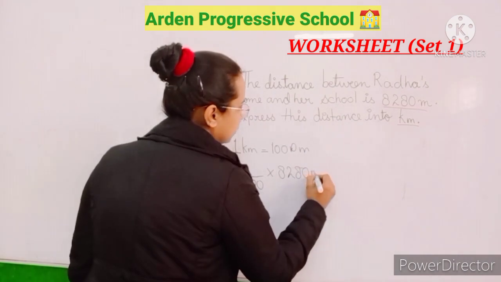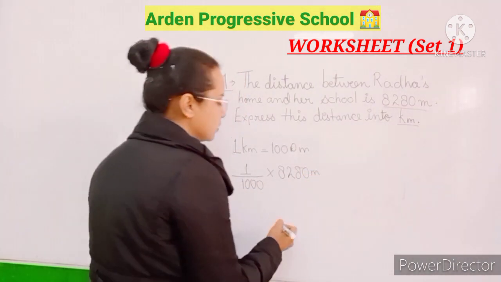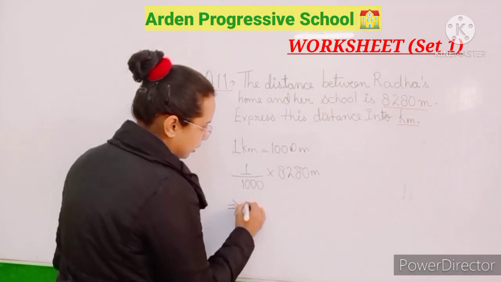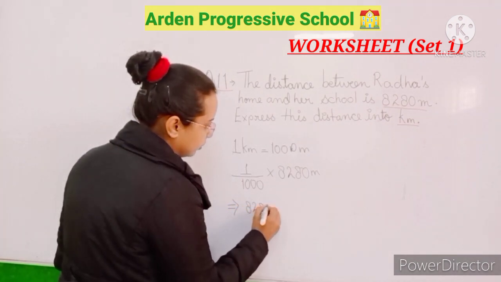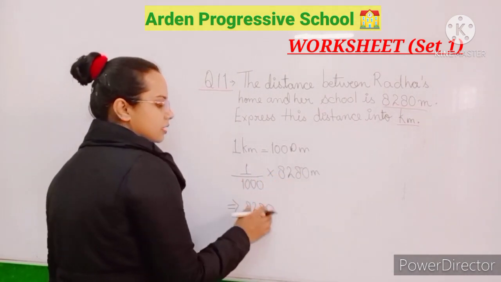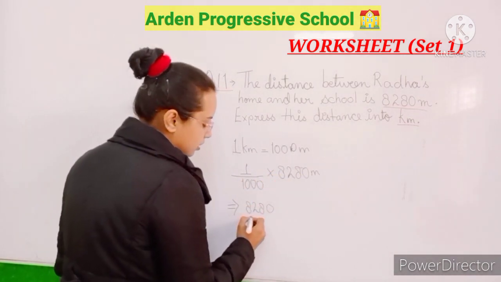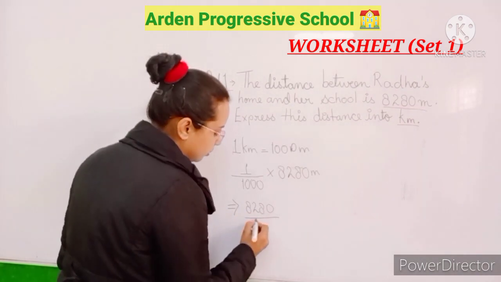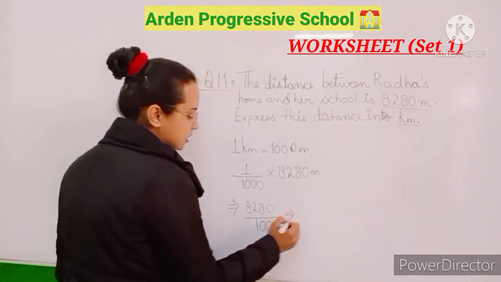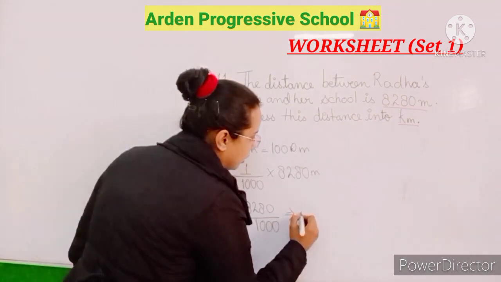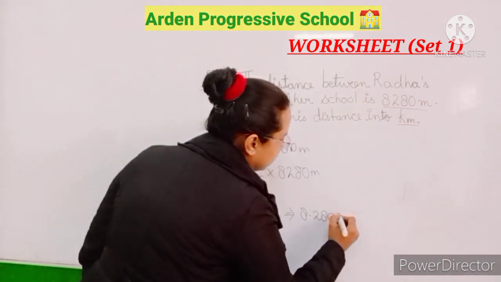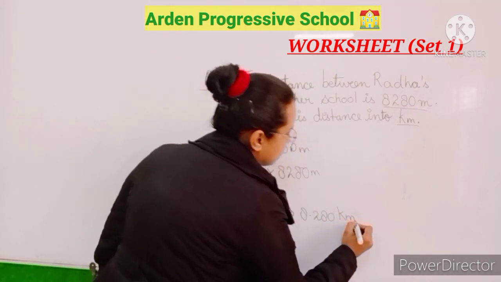8,280 meter. Now this we can also write as 8,280 meter, okay, because 1 into 8,280 is the same. So 8,280 upon 1000. So when we divide this, we will get the answer 8.280 kilometers.